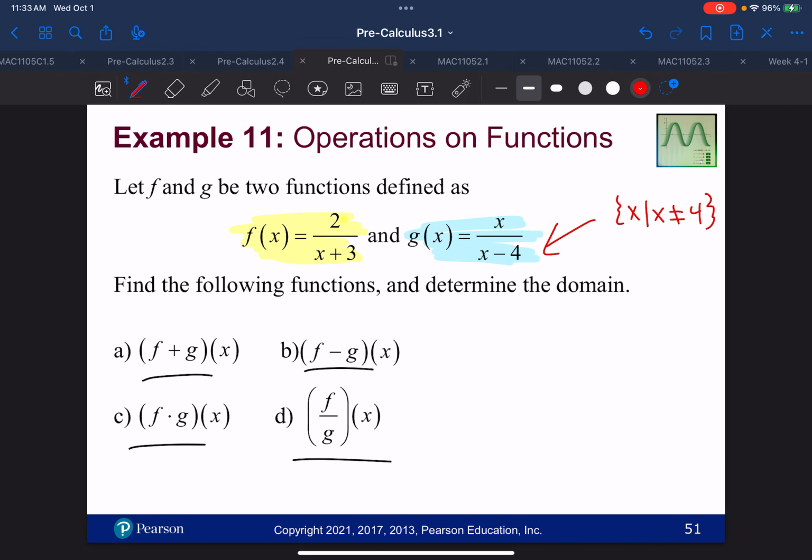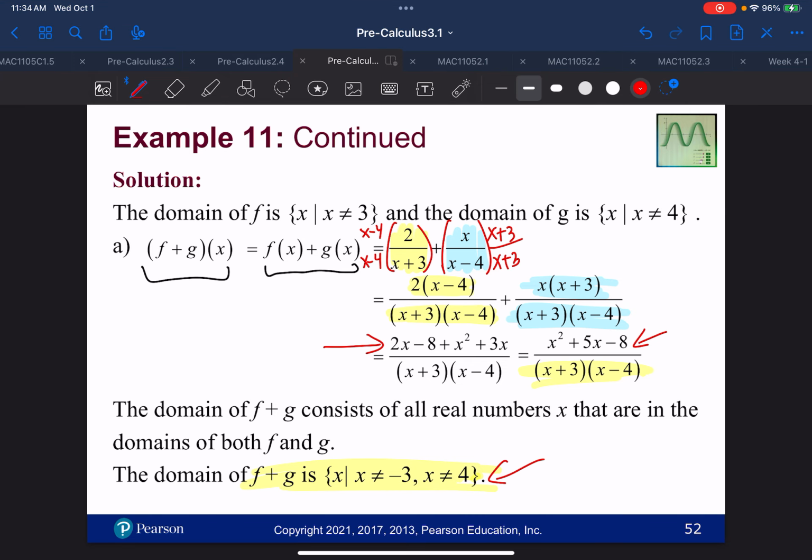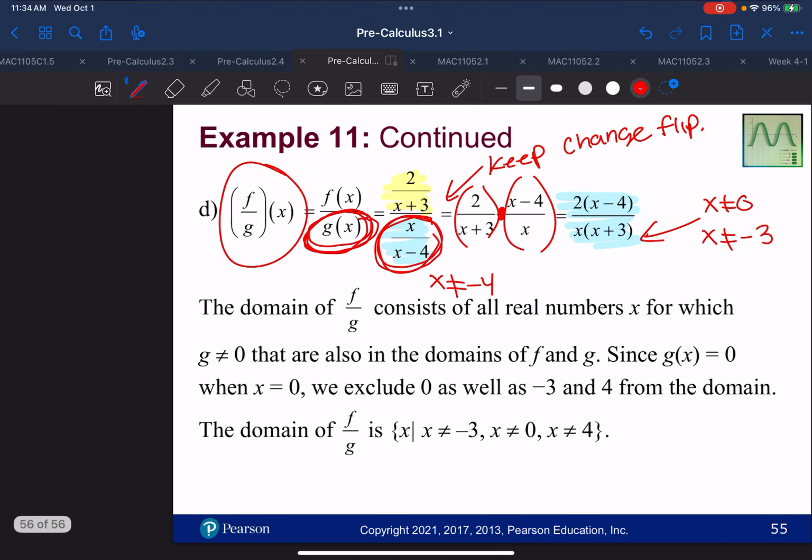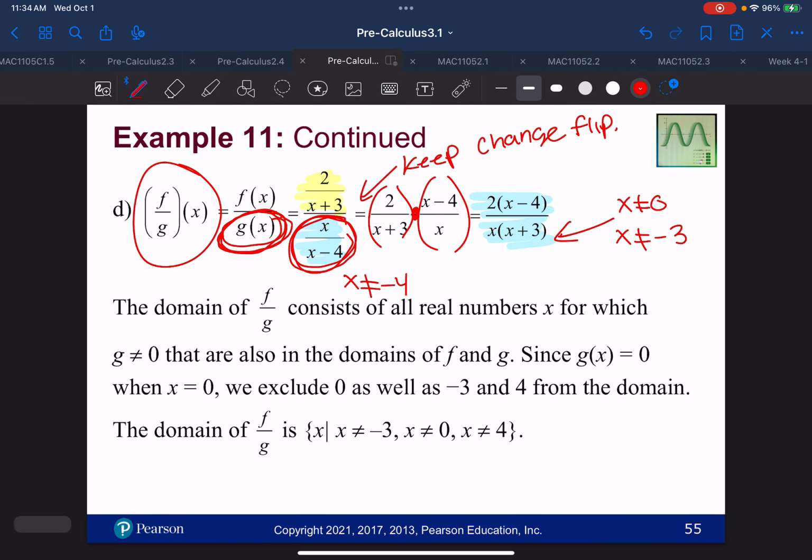And you see that with the other ones. 4 is included there, 4 is included here, 4 is included there. So it's not as obvious on this last example with the final answer, but we have to include it because it was in the domain of the original g of x. So that would be our complete domain.